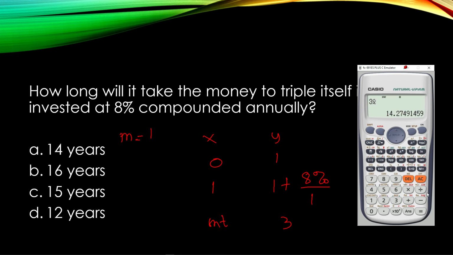Okay, and then divided by M is 1. So, ganun pa rin. We have 14.27. So, 15 years. Round up natin. Correct answer is 15 years. So, very easy. Ganun na lang siya kadali mag-solve.